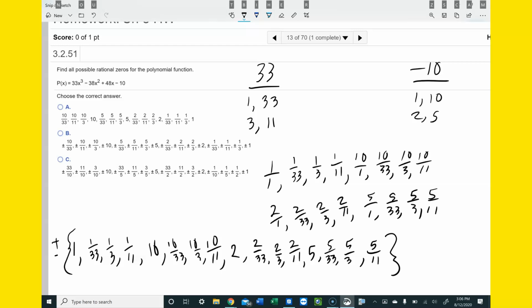So let's see what answer corresponds to what we just said. 10 over 33, 10 over 11, 10 over 3, 10. A looks good, except it doesn't put plus or minus in front of all of them, so A is wrong. 10 over 33, 10 over 11, 10 over 3.